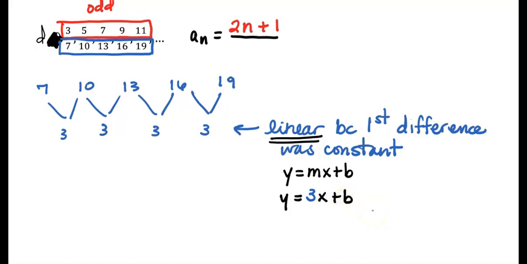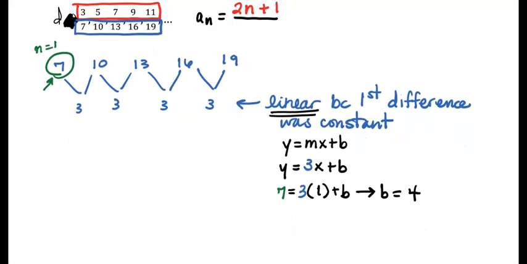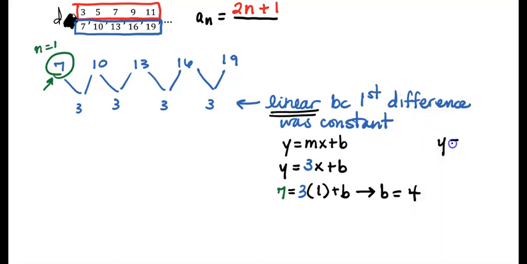We could choose any point to plug in. So for instance, thinking about this first 7, I'm saying that when n is equal to 1, I want to get 7 out. So I want to get 7 out when x, in this case, is equal to 1, which implies that b is 4. So that's telling us that the line, if I was thinking about this in a linear sense, would be 3x plus 4.